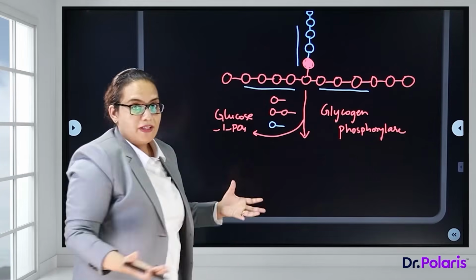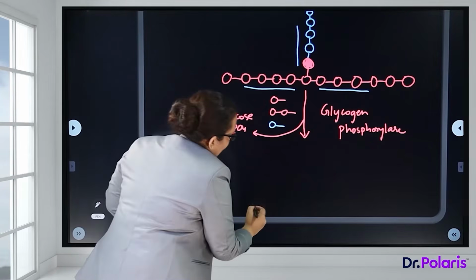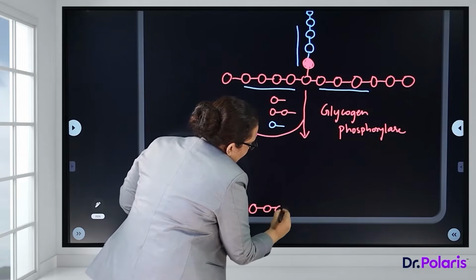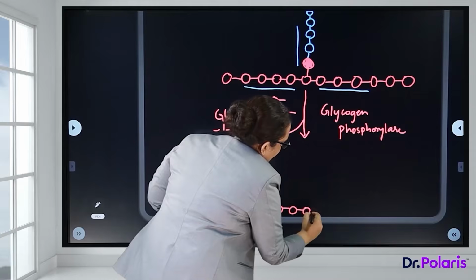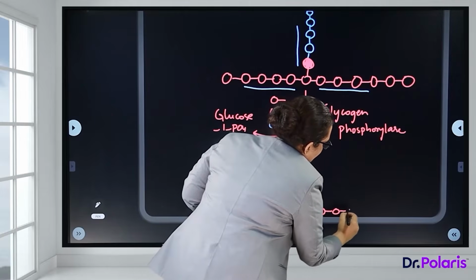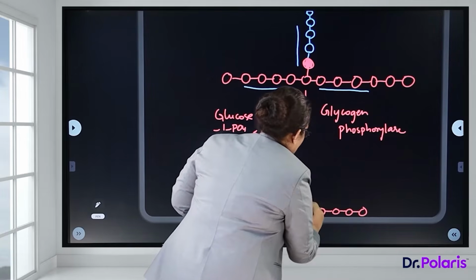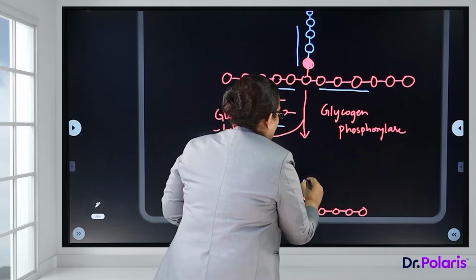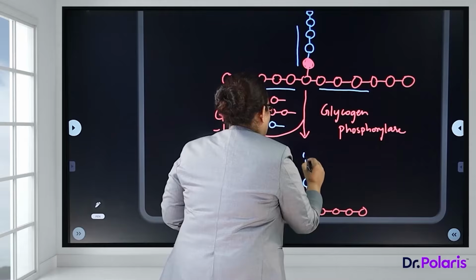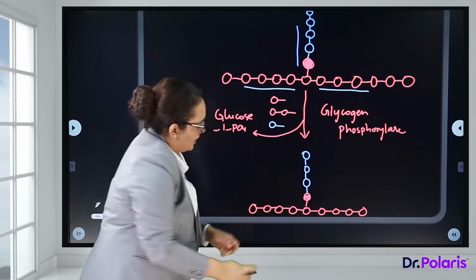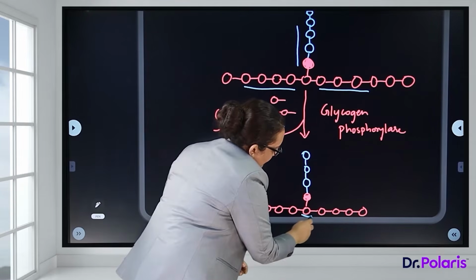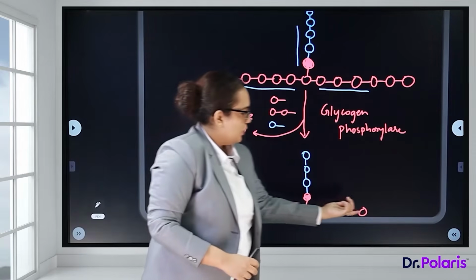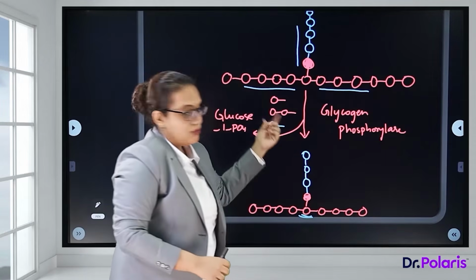Now what are we left with? Let's have a look at the structure. We are left with something like this. If this is the branch point, you have 4 units of glucose to your left, 4 glucose units to your right, and 4 glucose units to the top.